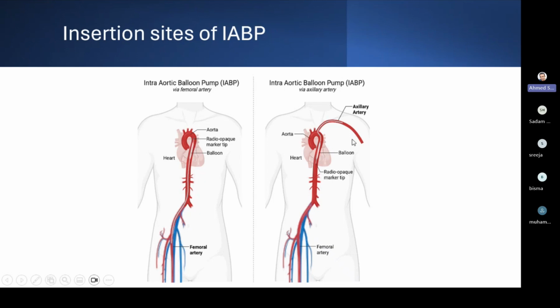And the other method, which we use if the patient has difficult femoral access, is the axillary access by the axillary graft, where the balloon also will sit in the descending part of the aorta, but the tip of the intra-aortic balloon will be above the level of the renal artery, while with the femoral approach, the tip of the intra-aortic balloon will be 2 to 3 centimeters distal to the origin of the left subclavian artery.